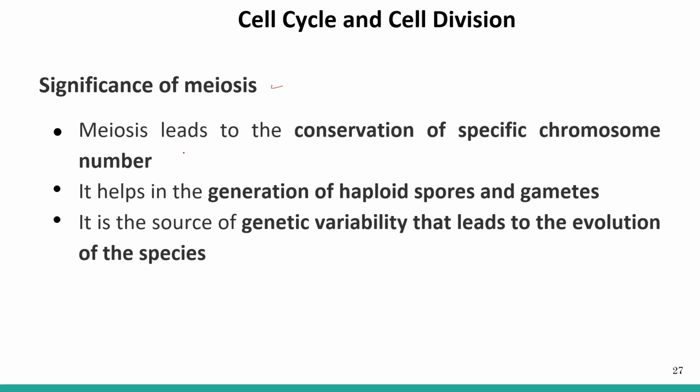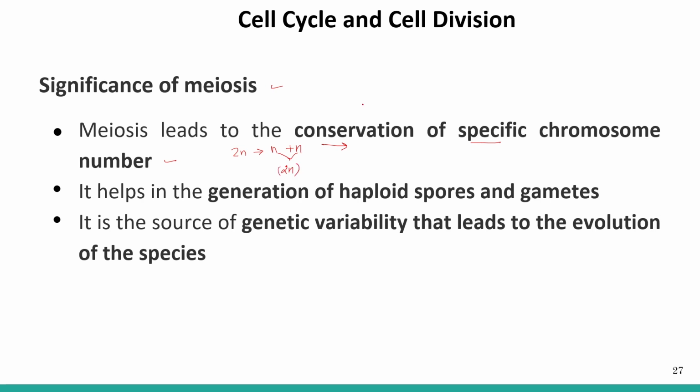The most important thing here to remember is that meiosis leads to the conservation of chromosome number. I've already told you that from 2n, from diploid, haploid cells are formed. And 2 haploid cells can again combine with each other to restore the diploid state.